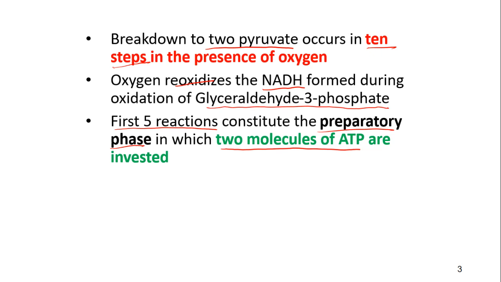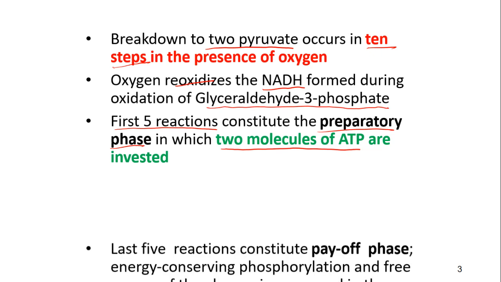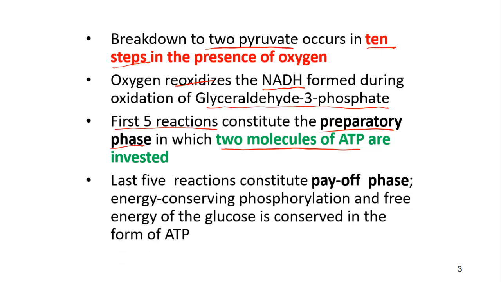Then we have the last 5 reactions, which make up the payoff phase. During this payoff phase, there is energy-conserving phosphorylation, and the free energy of glucose is conserved in the form of ATP.